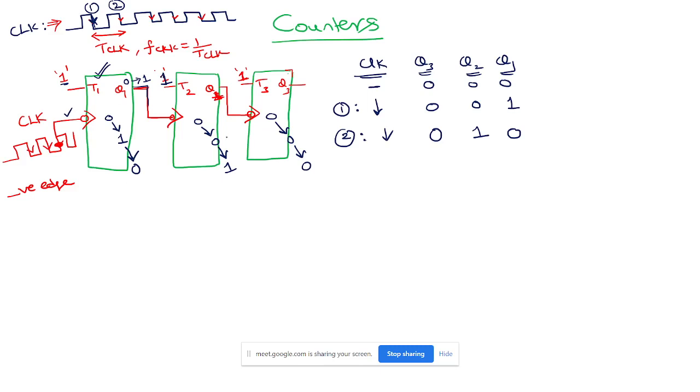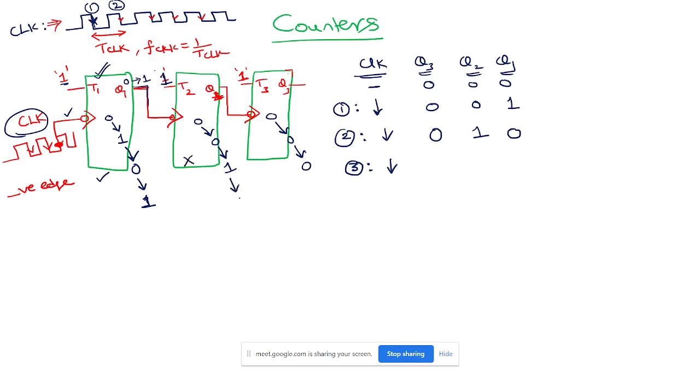Now let's say the third negative edge comes. What will happen? This will anyway be activated because the clock is directly applied here, 0 to 1. Now 0 to 1 is a positive edge, and that we are applying as a clock to the next flip-flop, so it will not be activated.